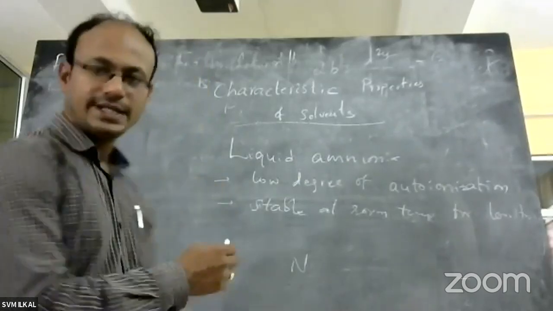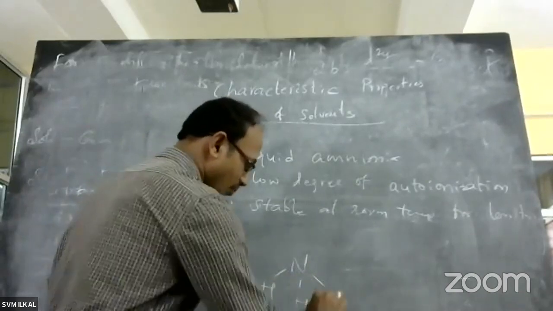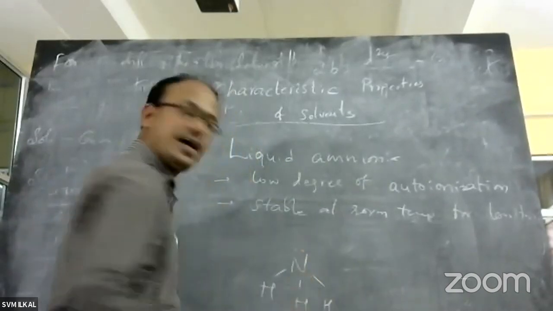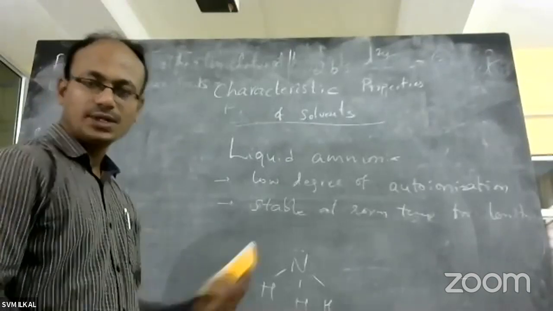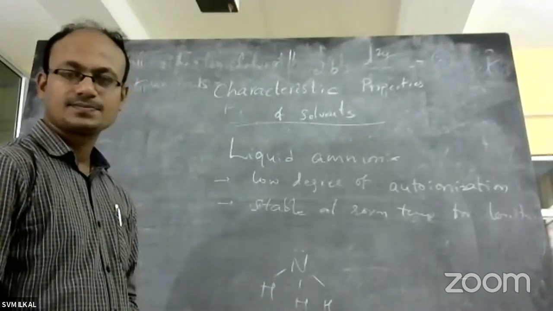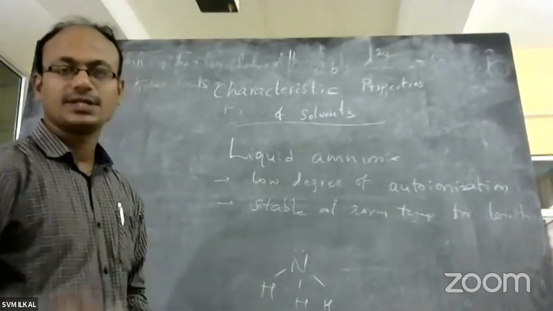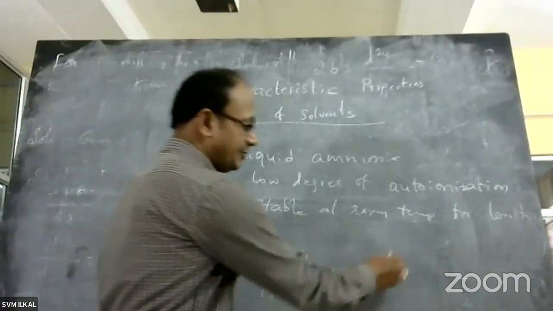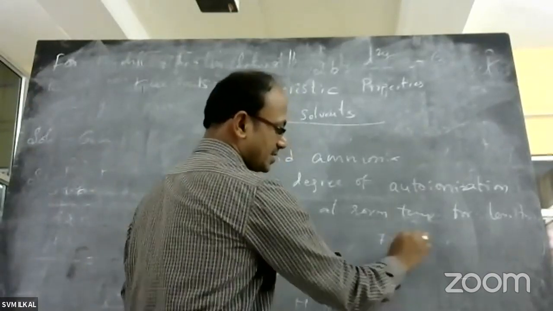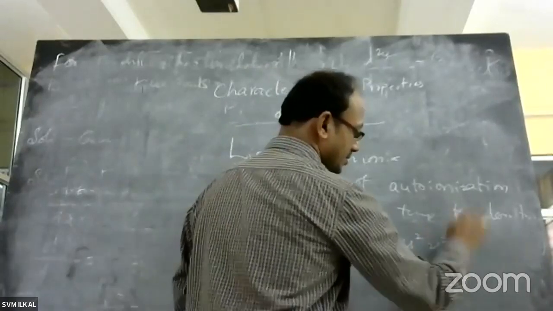If I write the ammonia structure, it has a lone pair of electrons on the nitrogen. How does one write this structure? As you all know, the atomic number of nitrogen is 7, so I can write the configuration as 1s2 2s2 2p3.